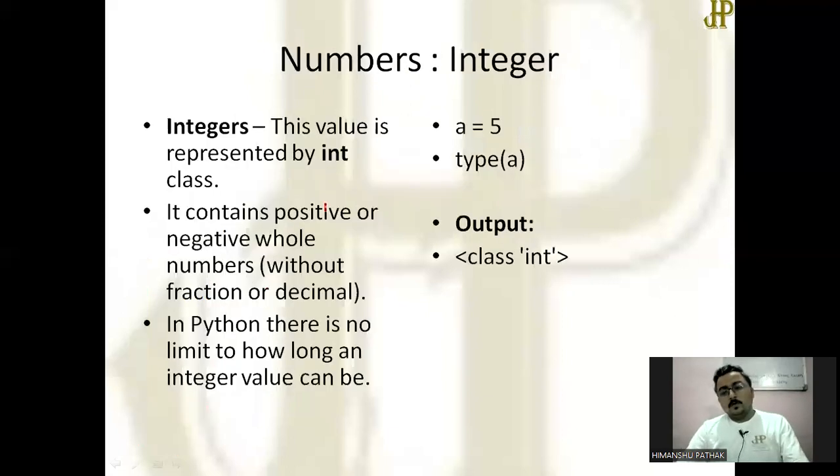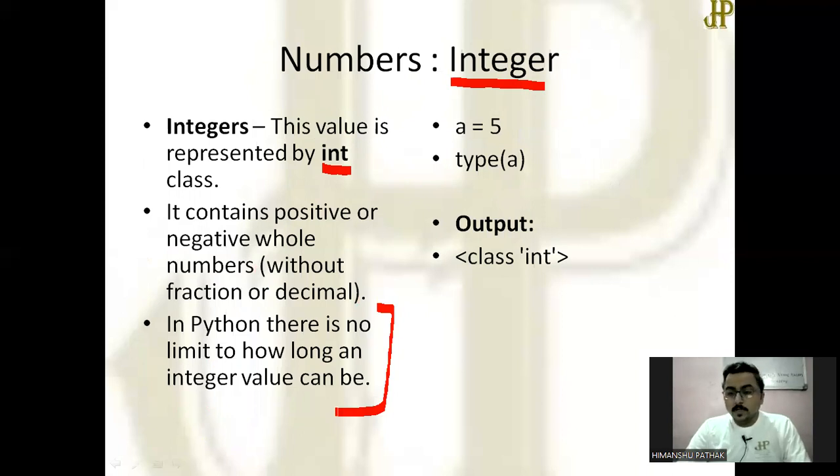So, the first one, integer. The value is represented by the int class. It contains positive or negative whole numbers without fraction or decimal. In Python, there is no limit to how long an integer value can be.